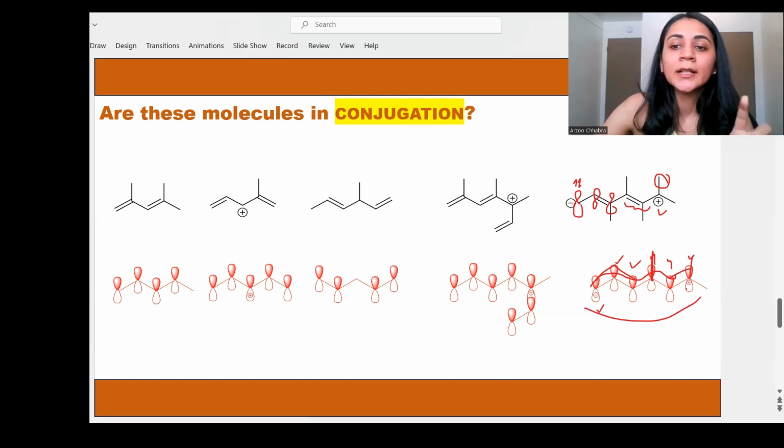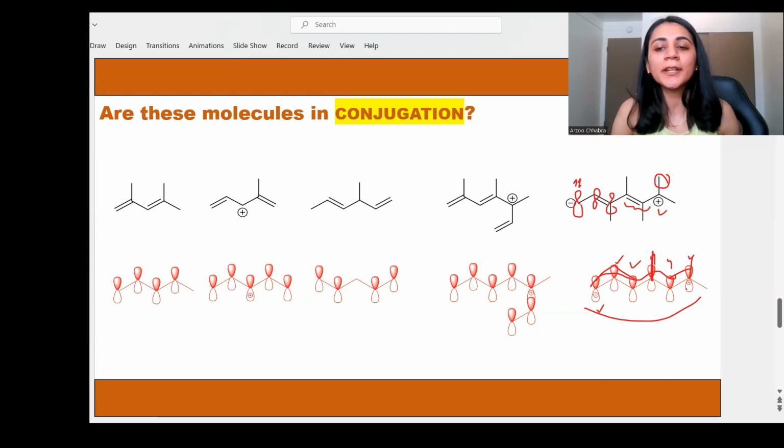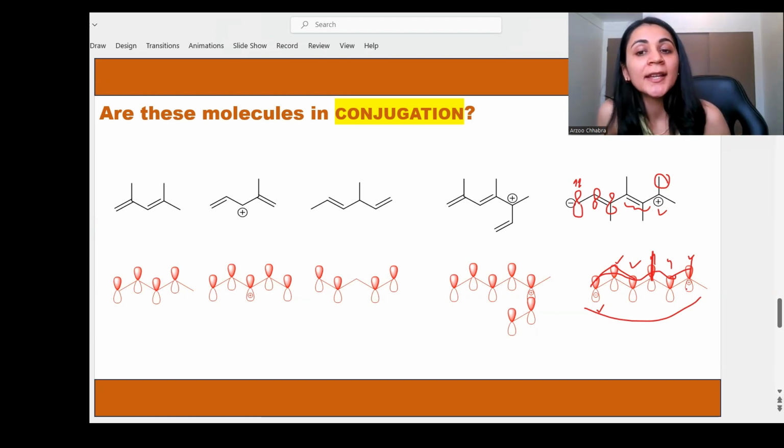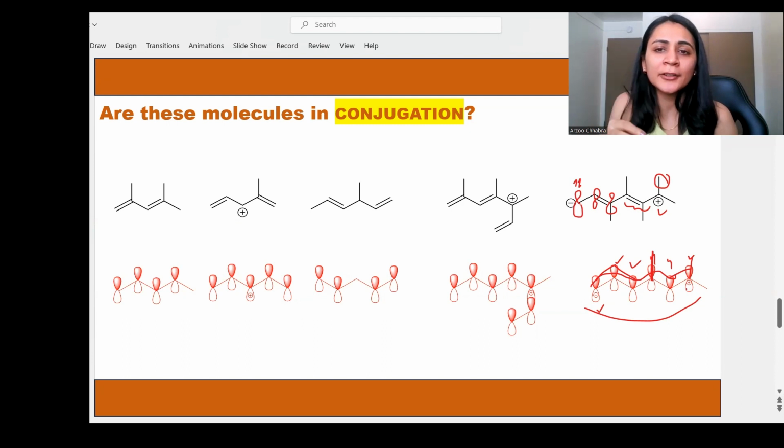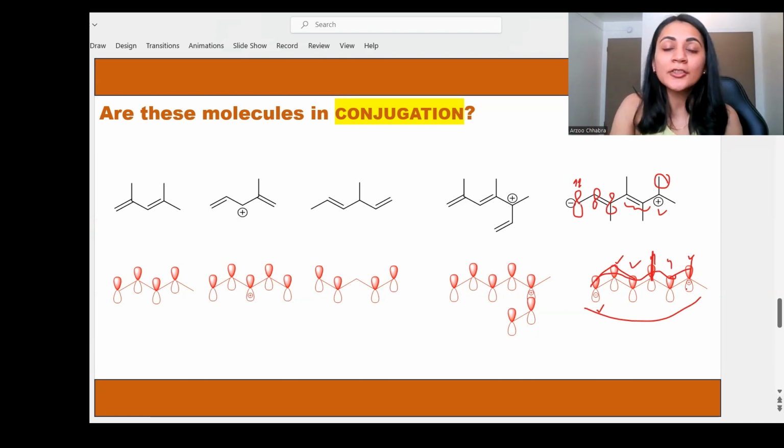Before we conclude this video, I just wanted to mention that the lone pairs present on nitrogen are also present in the p orbital of that nitrogen. So that also can be responsible for conjugation in the molecule, right?